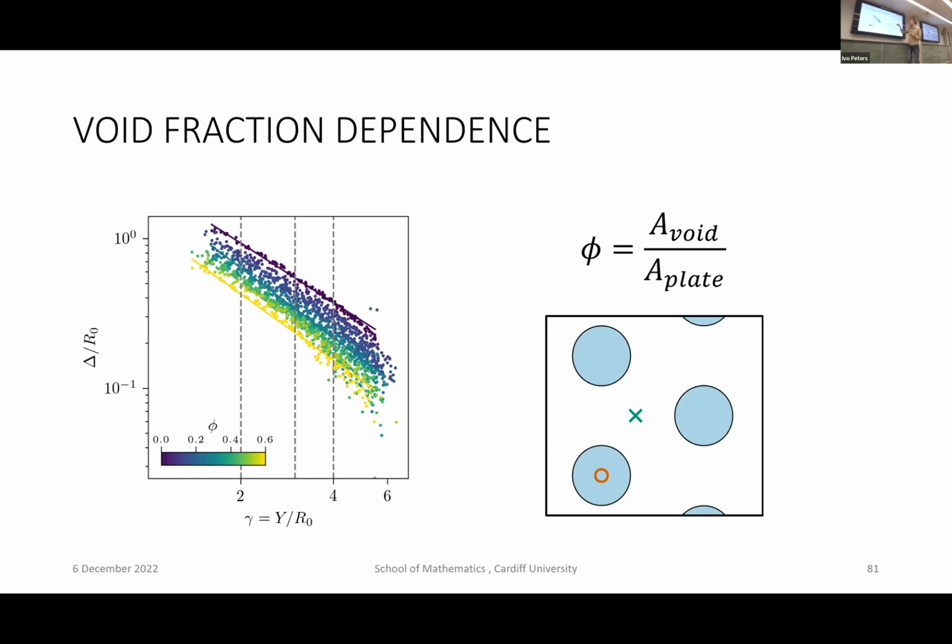And so the void fraction, just to define it, is the area of the holes over the area of the plate. Or you can say it's the area of one hole divided by the area of the unit cell of the pattern. So we can see quite a nice trend. And so maybe there's something that we can do with this. We can make some kind of prediction.